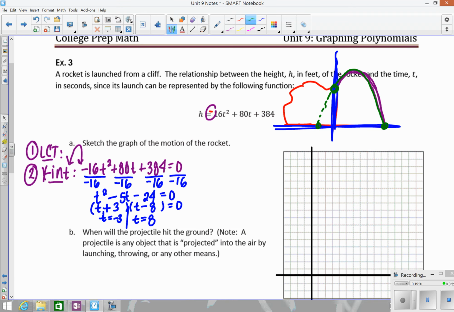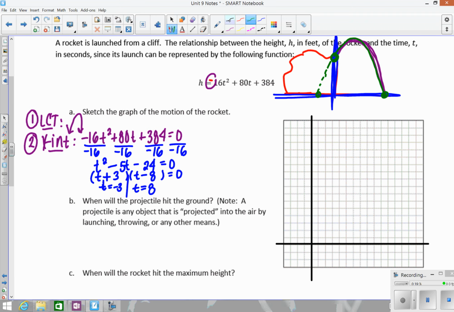But when I look at the graph here, I'm still going to draw it in, 1, 2, 3, like this. And then I'm going to count over the 8. So 2, 4, 6, 8. Only because I like to visually see where my vertex is going to be.